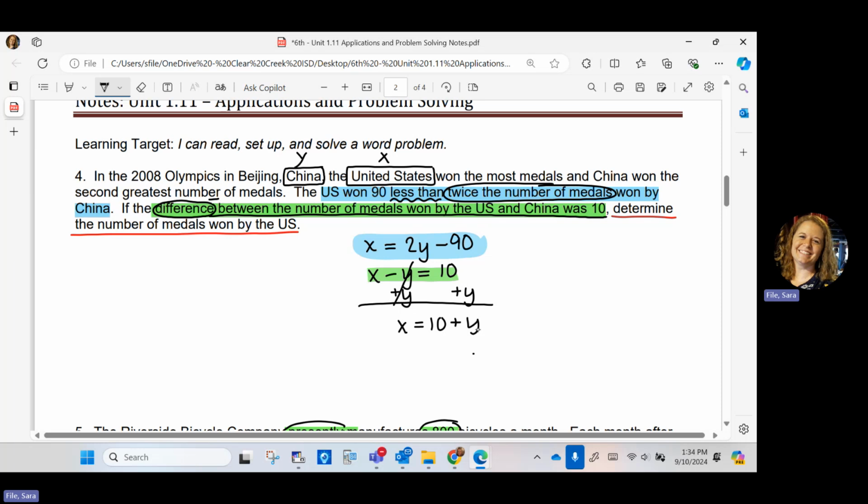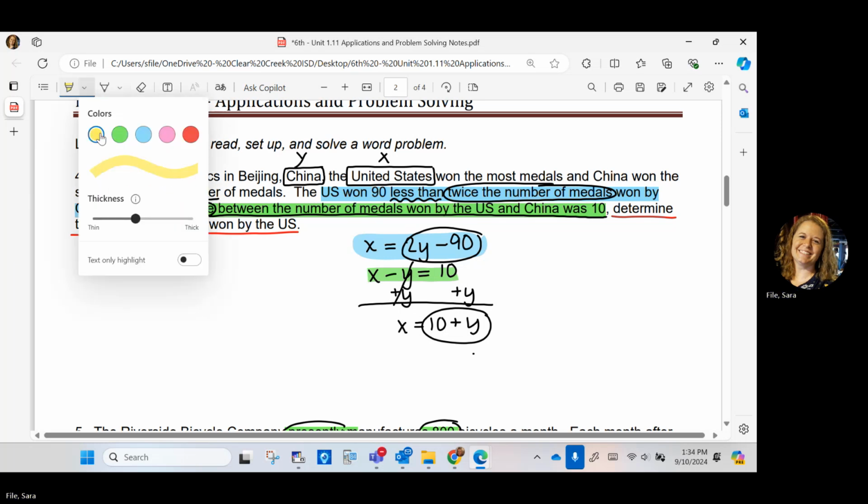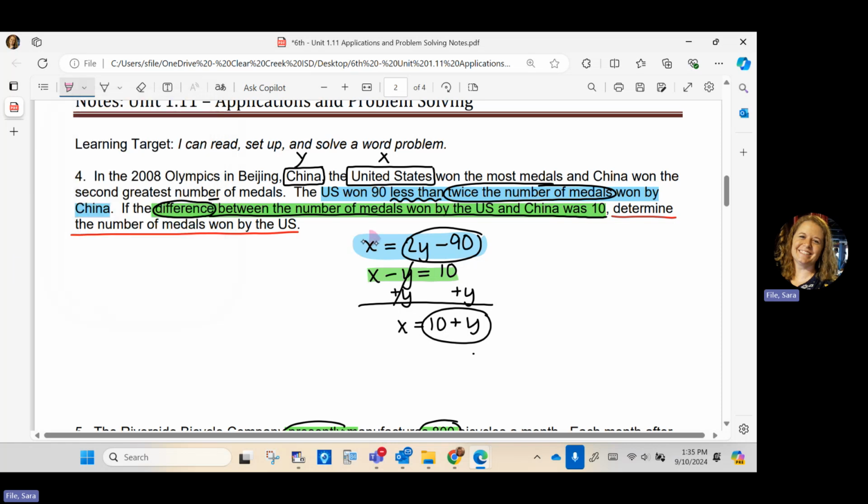Now I have two equations, both in terms of X. This is what X equals, and this is what X equals. So those must be equal to each other. Okay, I can substitute. I can replace this X with this, because that's what X equals.